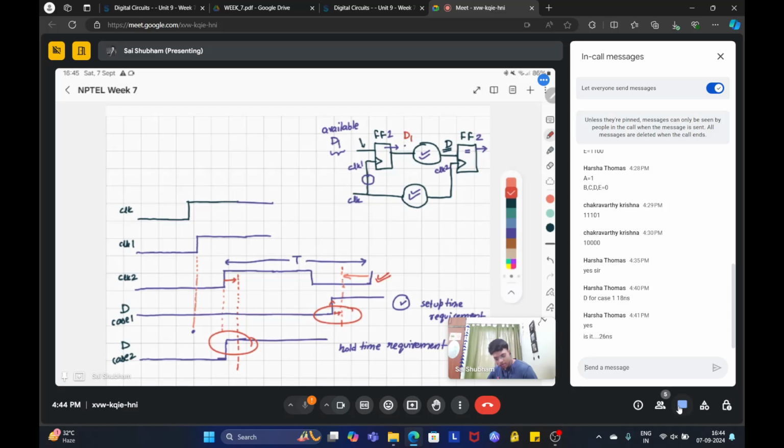In the second clock edge, it should be available after flop 2. So in the hold violation, data D1 is present after flop 2 because there is not enough delay between the flops. So the answer is that the time period should be more than 21 nanosecond. So if you can figure it out.